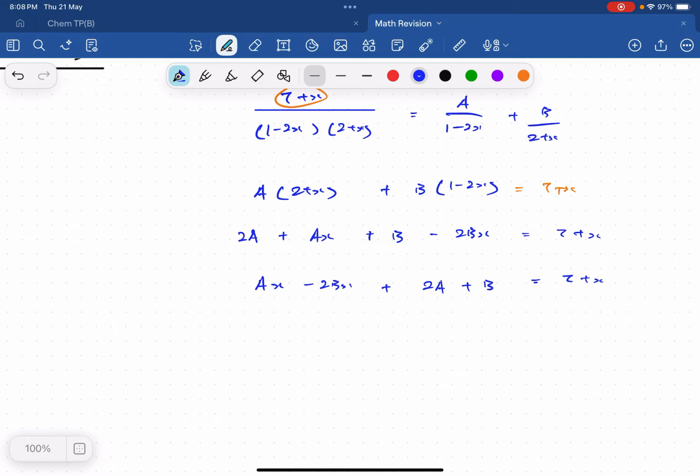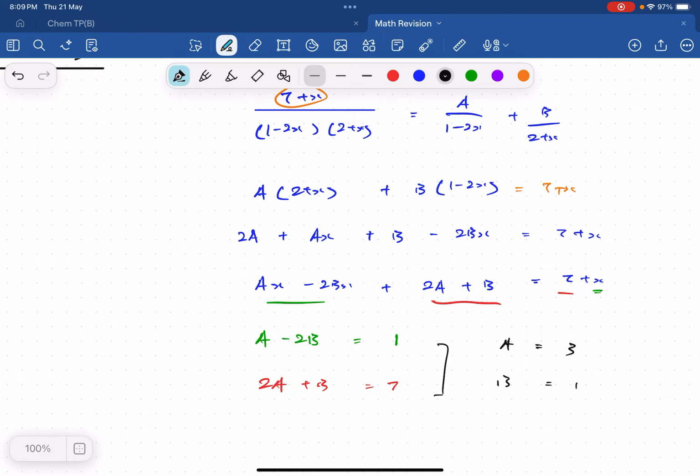So by comparison, for the terms with x, I will have A minus 2B, and the coefficient of x is 1. Then comparing the terms independent of x, I get 2A plus B equals 7. If you solve these two simultaneous equations, which by the way you can do on your GC or SC, you are going to get A equals 3 and B equals 1.